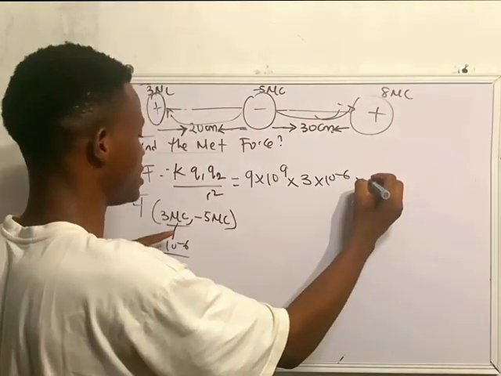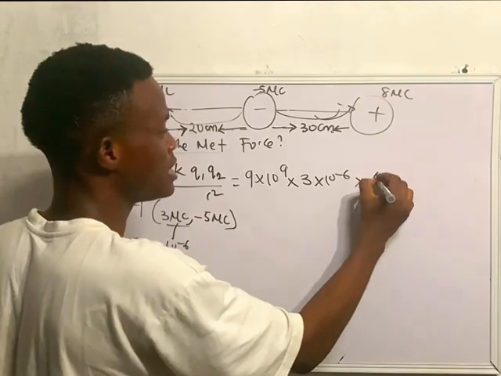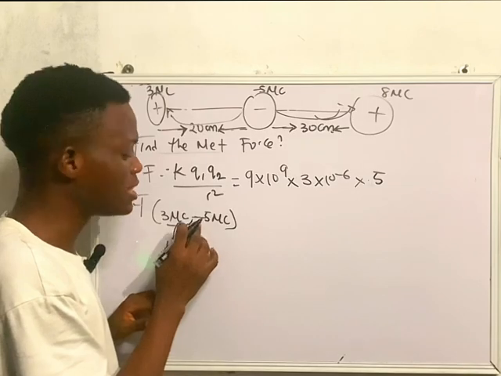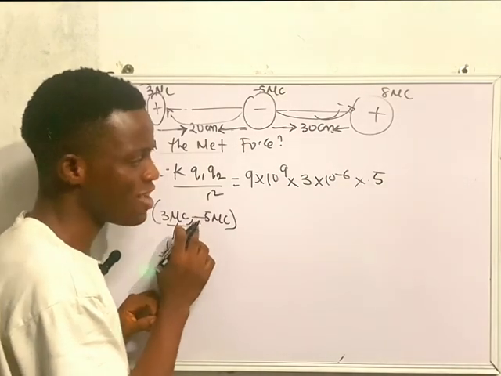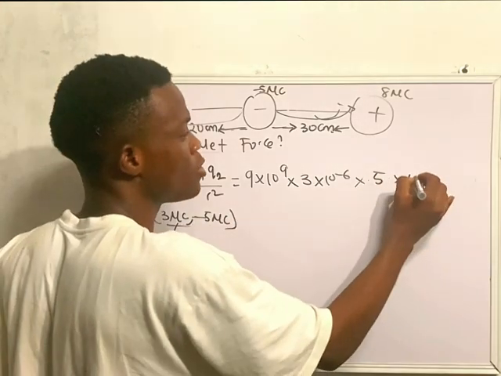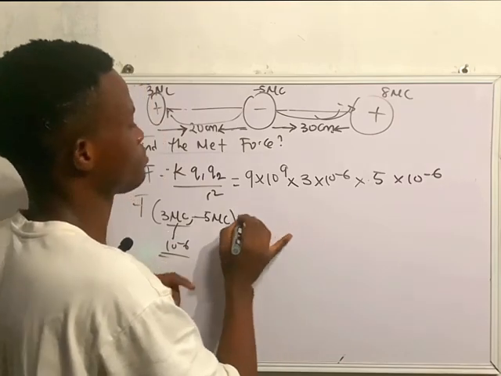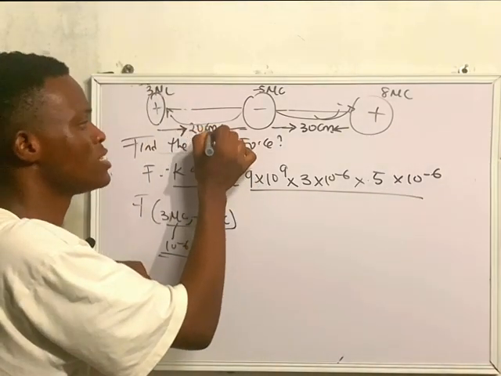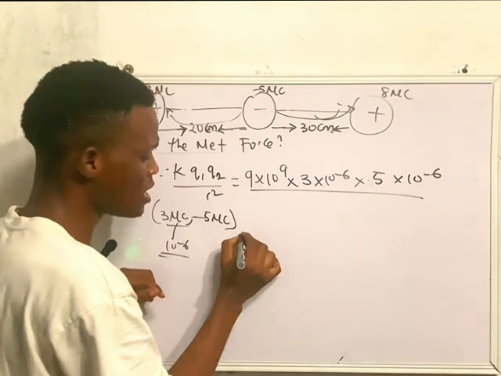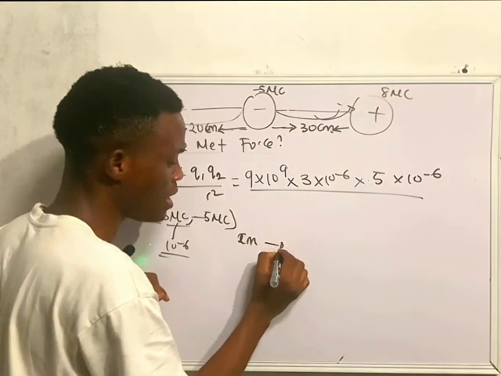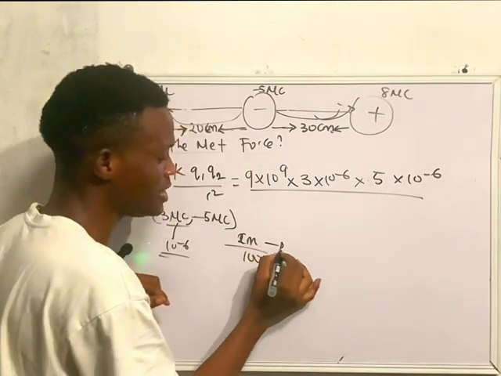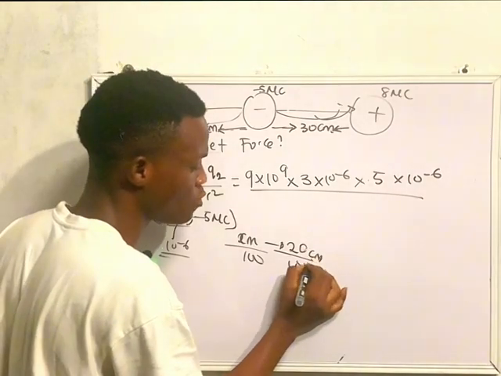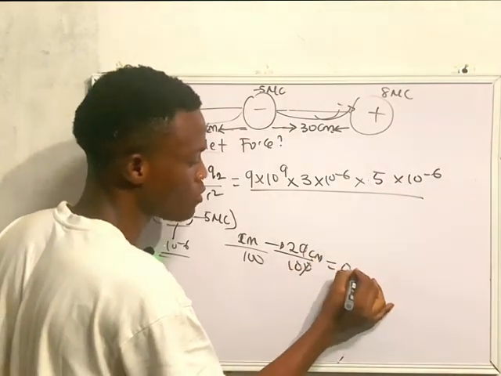Times our second one, which is 5 times 10 to the power minus 6. I told you not to put this negative; it just shows it is in the opposite direction. Over our distance, which is 20 centimeter. To convert centimeters to meter, I divide by 100, so that's 0.2 meter.